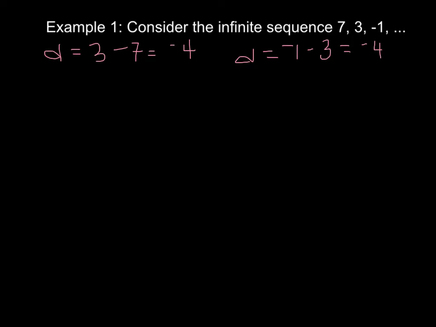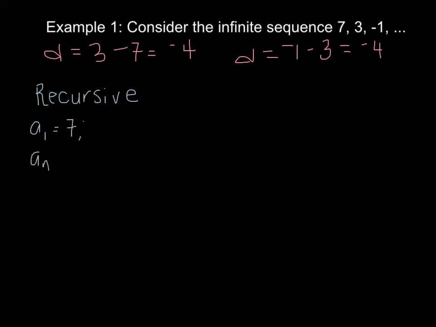So what do we do now? Now we would want to write the formula, the rule. So let's go ahead and do a recursive form since you've already done it. Remember, for a recursive rule, you need to first identify the first term. The first term is 7.